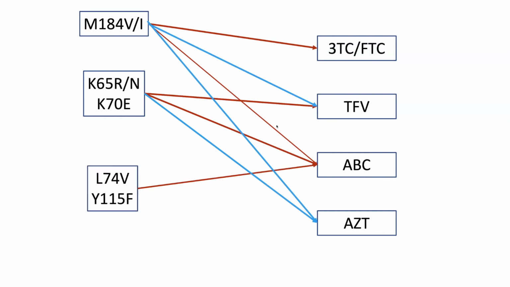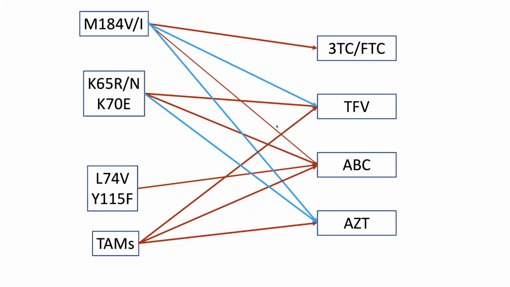L74V and Y115F reduce susceptibility to abacavir, and as noted earlier, the TAMs primarily affect AZT, but certain combinations of TAMs, such as the type 1 TAMs, those are the mutations at positions 41, 210, and 215, can significantly reduce susceptibility and the clinical effectiveness of tenofovir and abacavir.